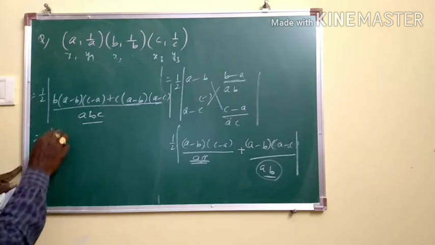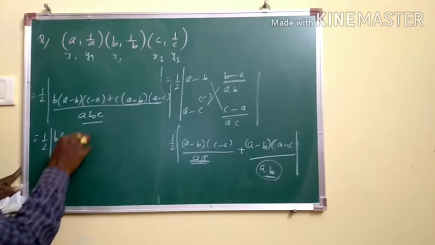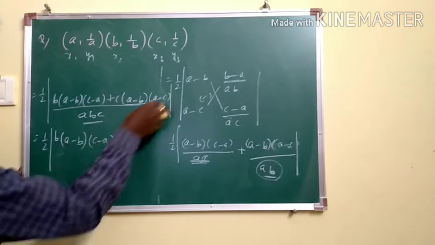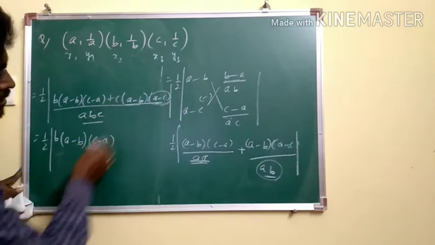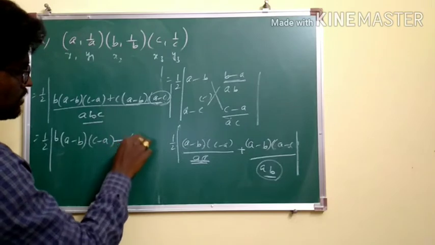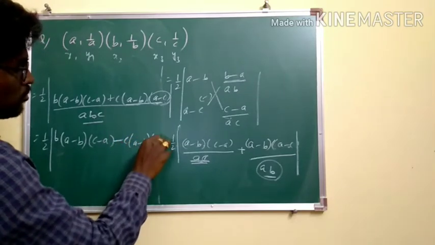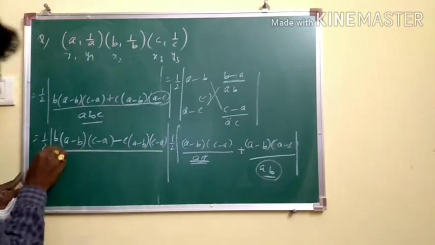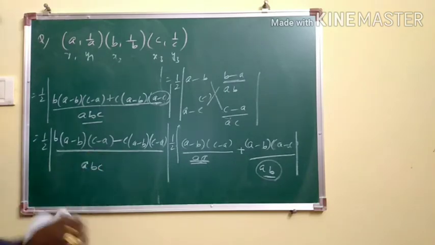Hope you got it. B into (A minus B) into (C minus A), taking minus common factor in this last term, so that I'll be getting plus into minus C into (A minus B) into (C minus A) by ABC.